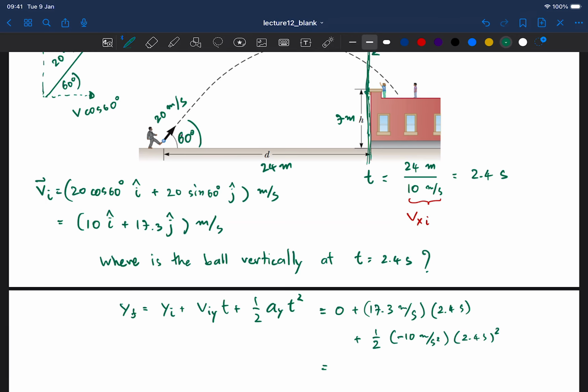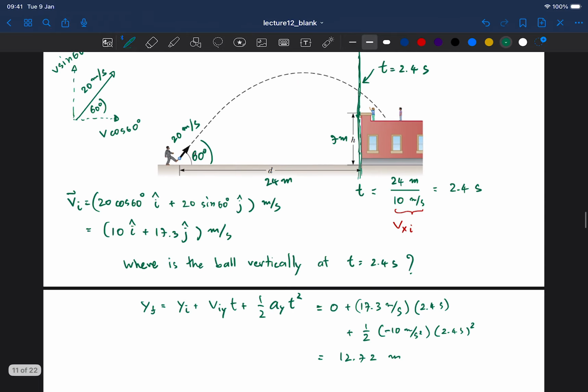Let's calculate this. That's going to be 12.72 meters. So the ball is 12 meters from the ground at t equal to 2.4 seconds, so it's going to clear the building.